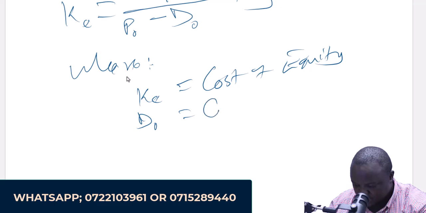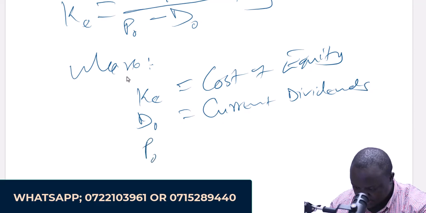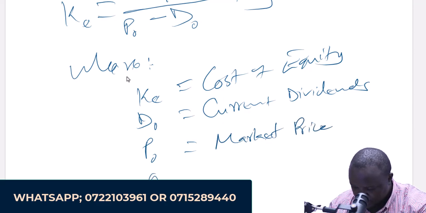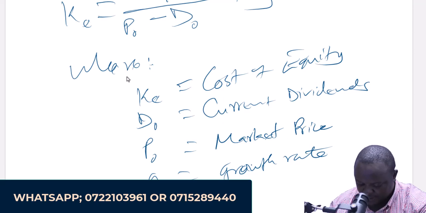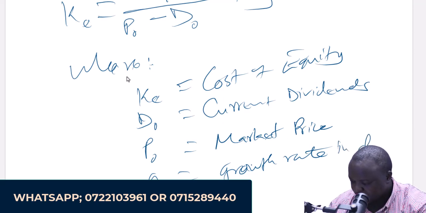D0 is the current dividends. The price here is the market price, and the growth here is the growth rate in dividends.